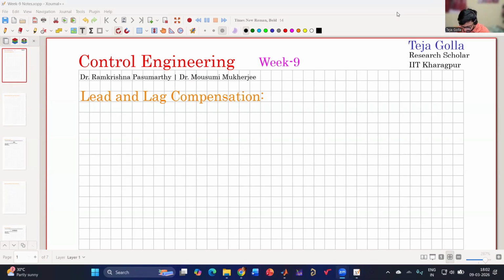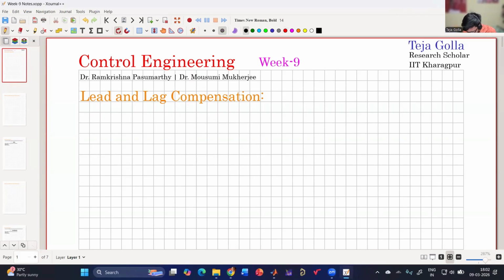In week 9, we'll be learning about the design using Bode plot.